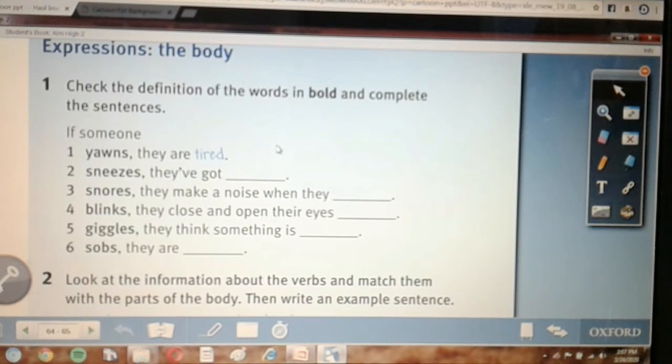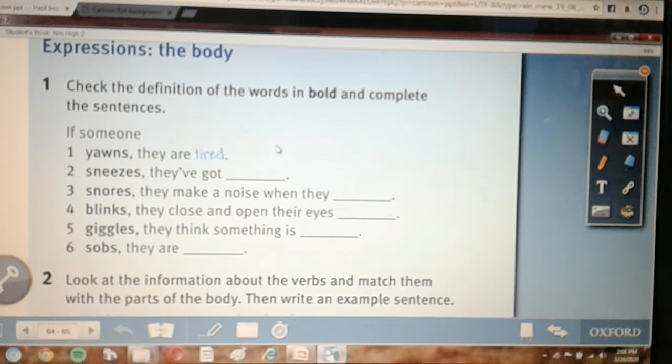Meanwhile, this is the sound of a sneeze. That's the sound of sneeze. So, if someone sneezes, they've got a cold. After that, snore.